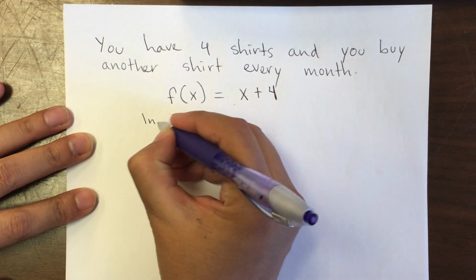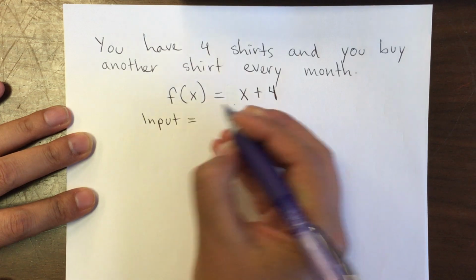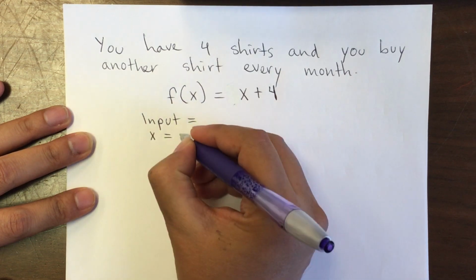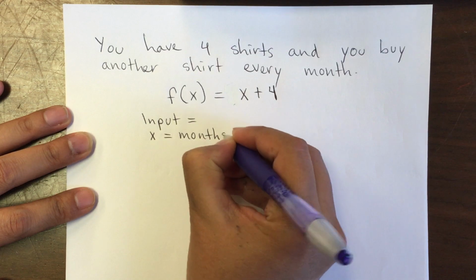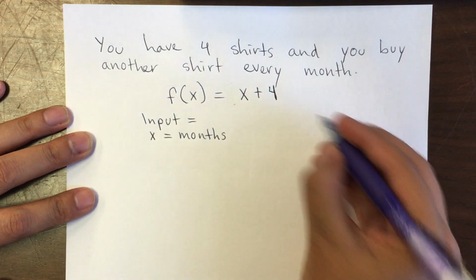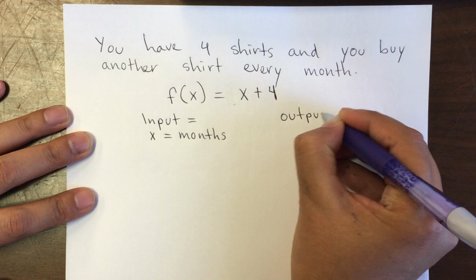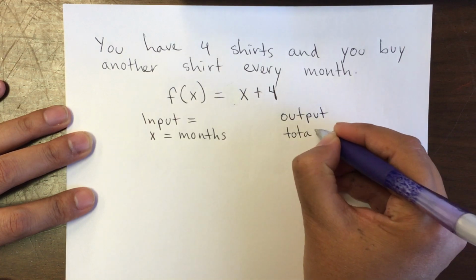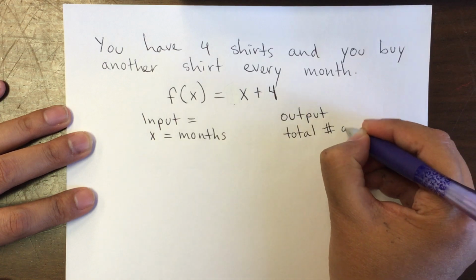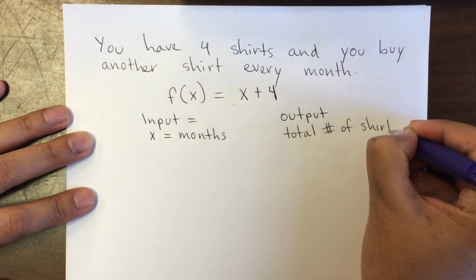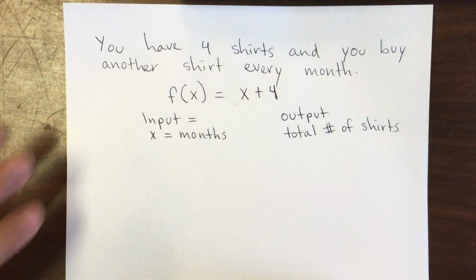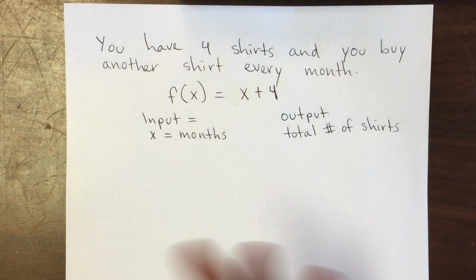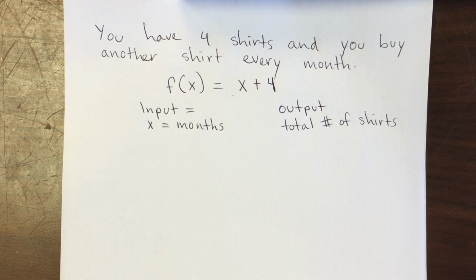So the input in here would be your x, which is the number of months. The output would be the total shirts you have. And in this scenario, let me show you, because this is going to be really handy for next unit.